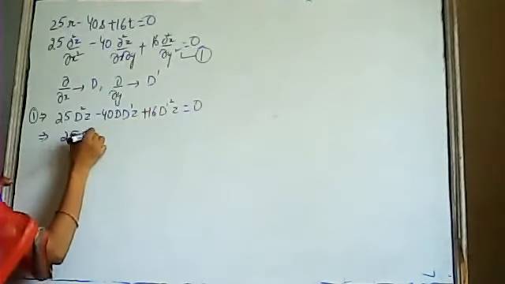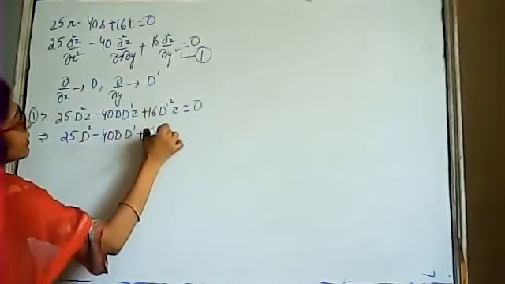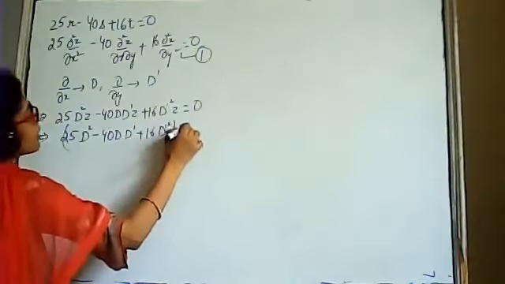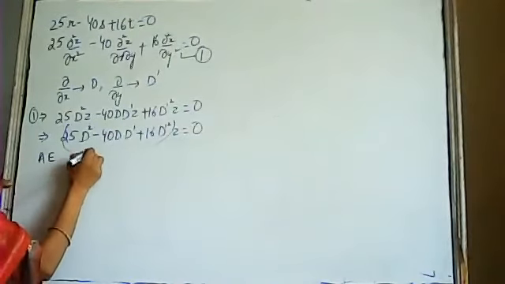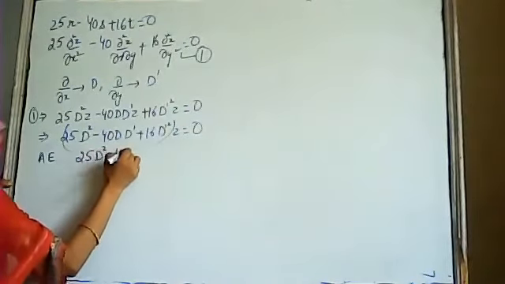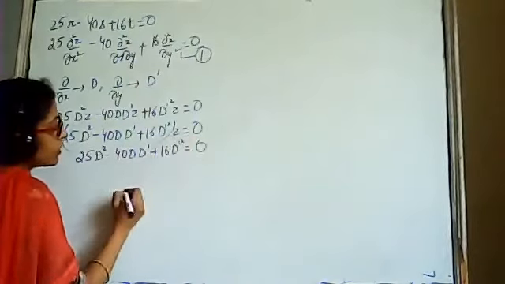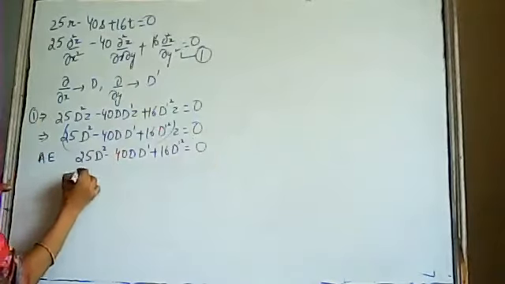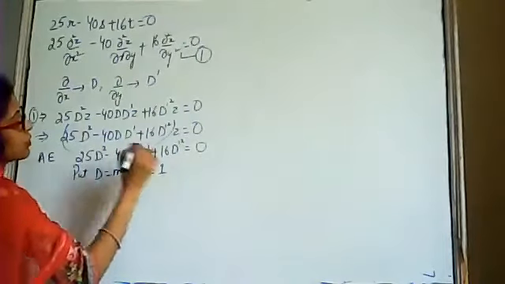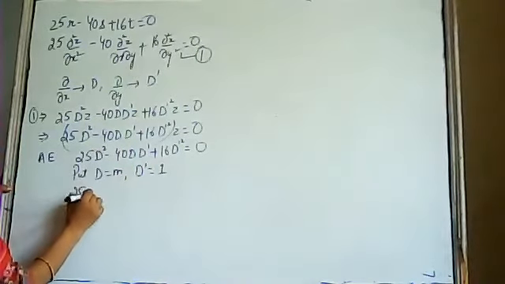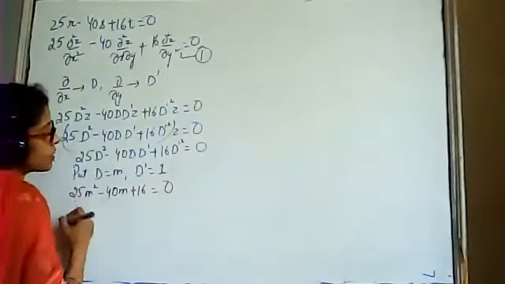After that, we take z common: (25D² − 40DD' + 16D'²)z = 0. So the auxiliary equation is obtained by equating the coefficient of z to 0: 25D² − 40DD' + 16D'² = 0. Now in this equation, put D equal to m and D dash equal to 1. We get 25m² − 40m + 16 = 0.